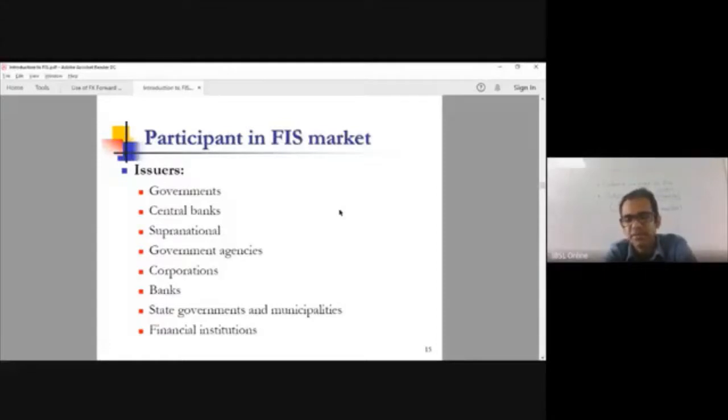That can happen. So supranational agencies are agencies in the world formed by a collection of several countries, World Bank, ADB, like that. Then the government agencies, not like in Sri Lanka, in other countries, government agencies can borrow money directly. In Sri Lanka, not allowed.